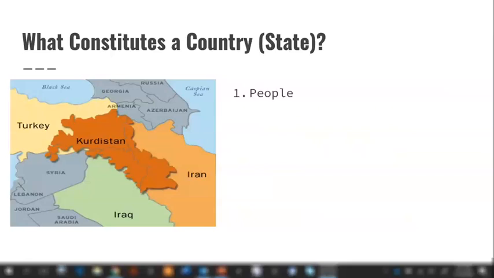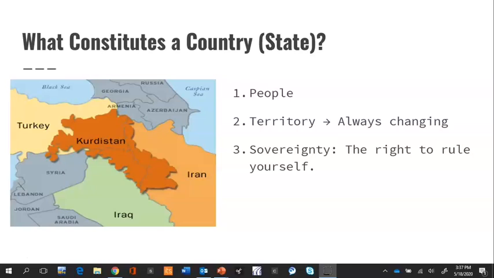On that land, you're going to need people. The land is always changing. You can go back and look at history and look at certain events and see how land has been affected by people. The idea of sovereignty, or the right to rule yourself, and of course some sort of system of rules or government.